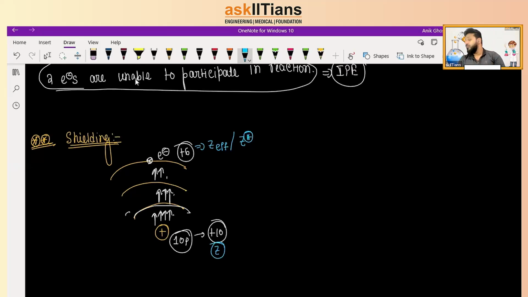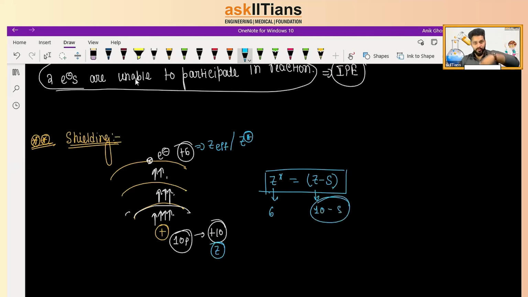Now, we can write the Z star equation as Z minus S. Because here, according to this example, 6 is equal to 10 minus S. Because of the things that got screened or shielded, how much of them got shielded? 4, because 10 minus 4 is equal to 6. That's how we understand the process of shielding.